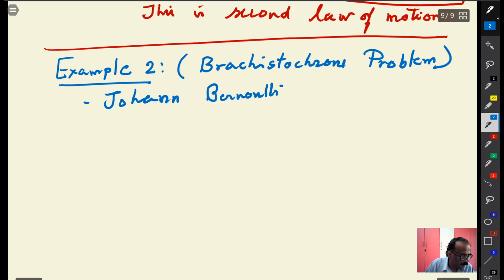I don't know exactly when it was introduced, but that's immaterial for the time being. John Bernoulli and then many people like Newton and Leibniz all worked to solve this problem.